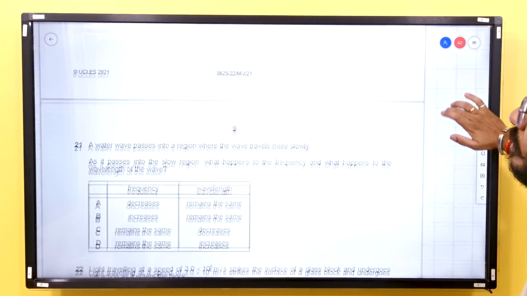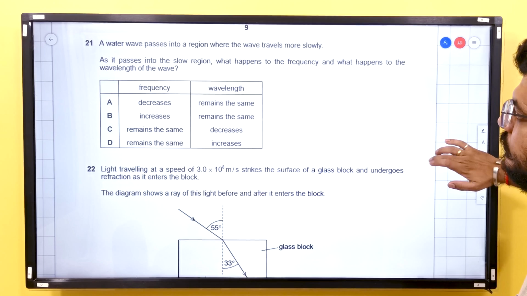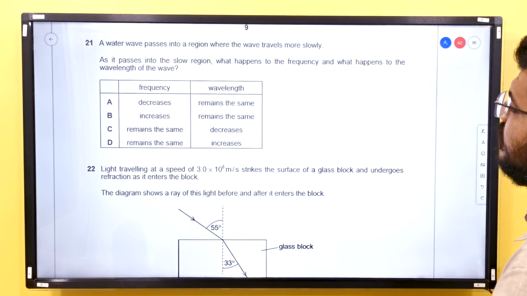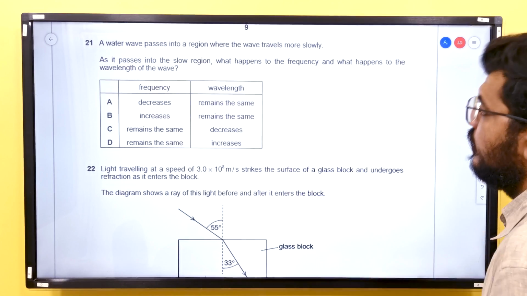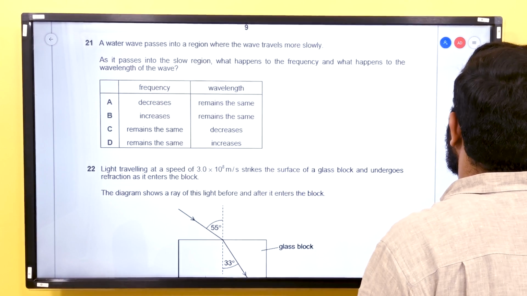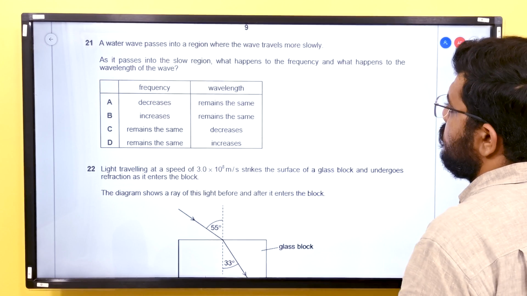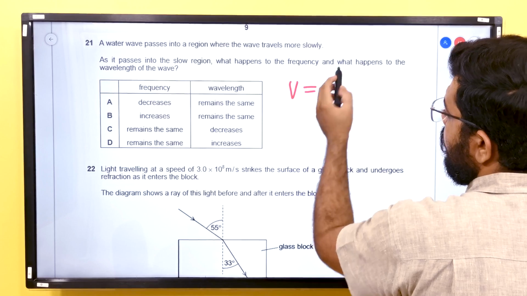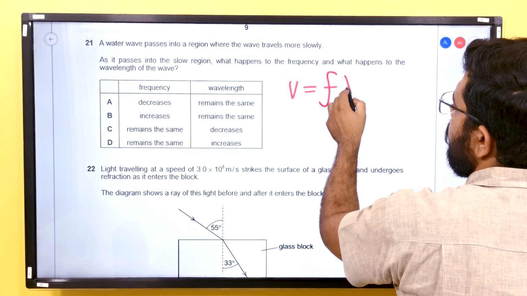Okay, question 21. A water wave passes into a region where the wave travels more slowly. As it passes into the slow region, what happens to the frequency and what happens to the wavelength of the wave? We know the speed of the wave is given by frequency times wavelength.